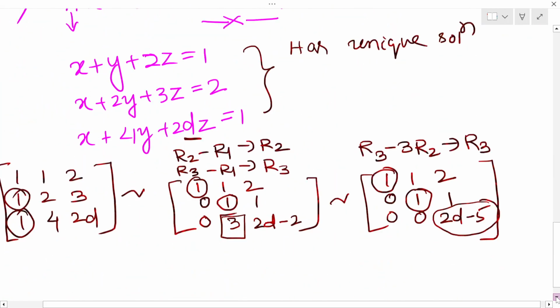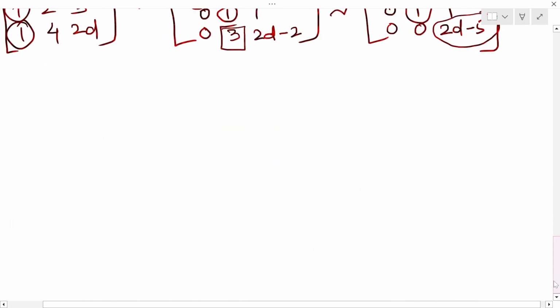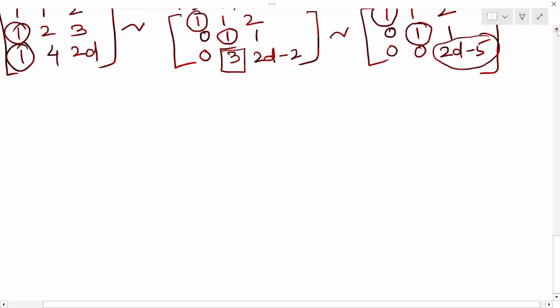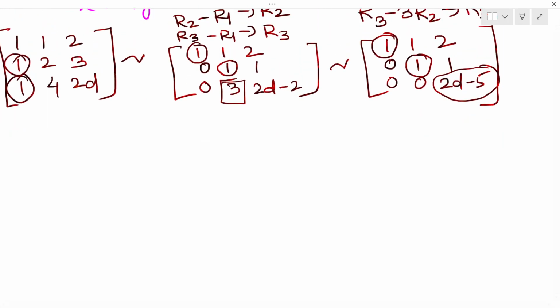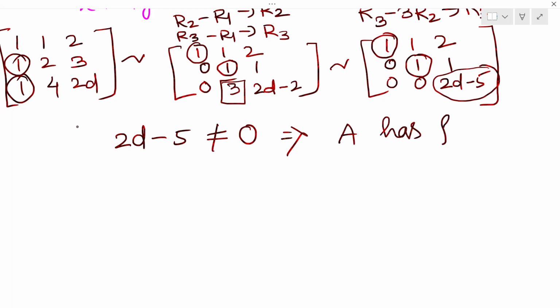Just tell me, for what value of d will the last pivot exist? It will not vanish: 2d minus 5 is not equal to 0. Thank you. So 2d minus 5 not equal to 0 implies A has a full set of pivots.